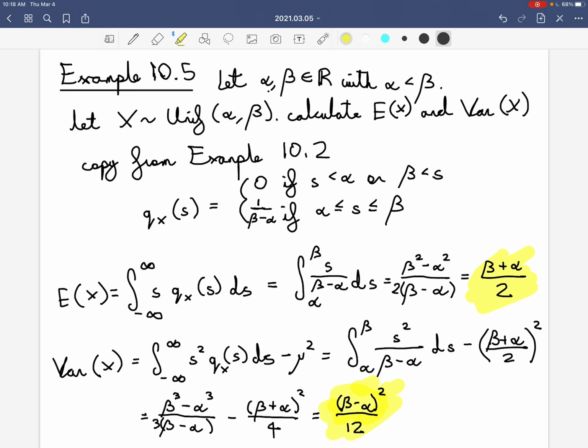So hopefully that agrees with your intuition that I told you physicists think of expectation as center of mass, and if you have a stick of length 1, the center of mass is a half. And then the variance of the standard uniform is 1/12.